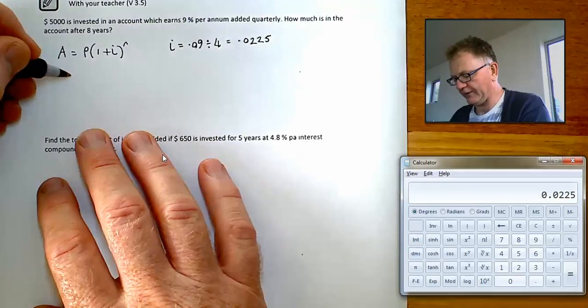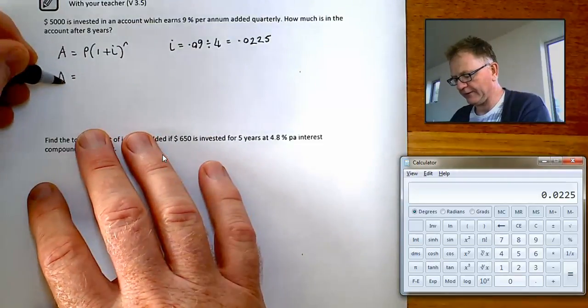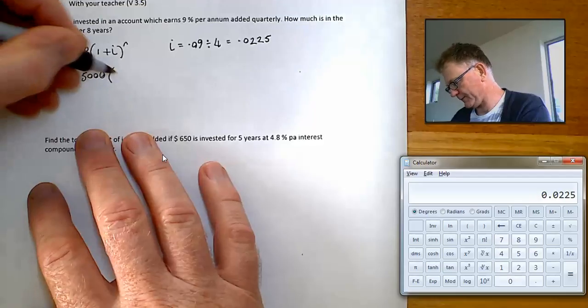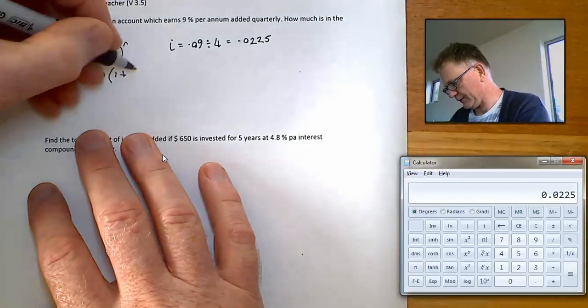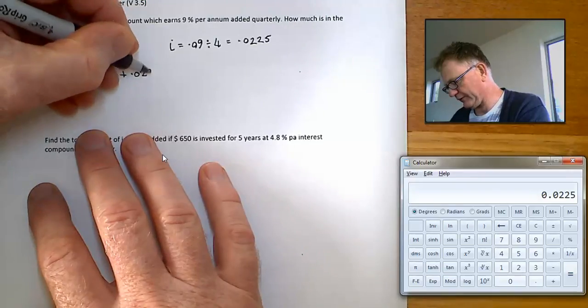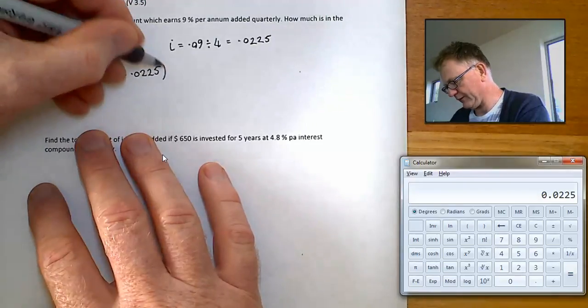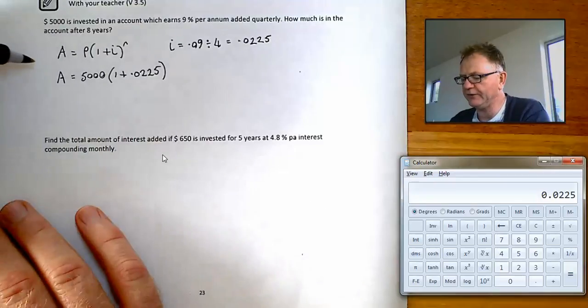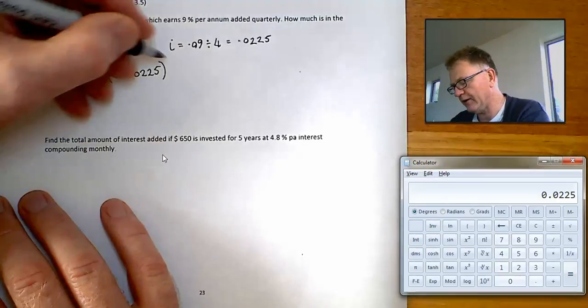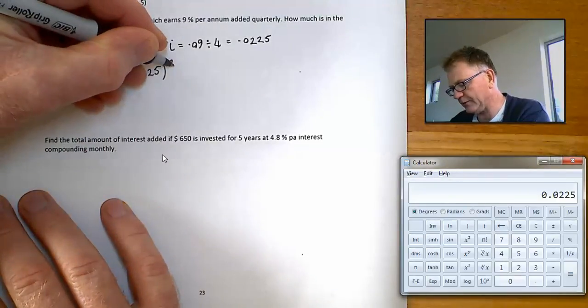Put the information in the question and we can work out the amount at the end. 5,000 is invested. The interest rate per period, 0.0225 as a decimal. And N is the number of times interest is added. Now this is being added quarterly for 8 years. 4 8s are 32 times interest will be added.